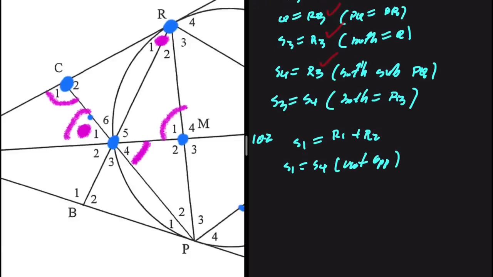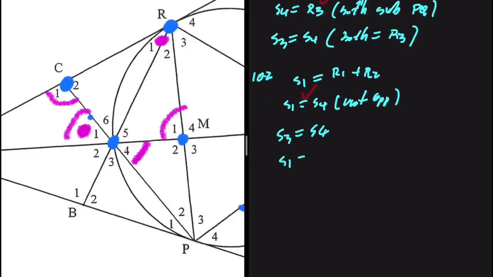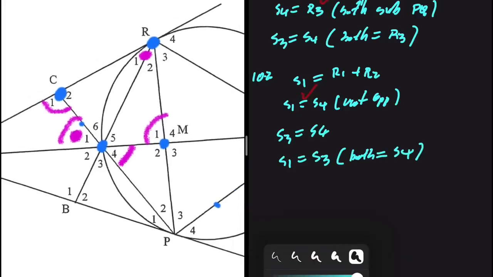And then let's not forget, in the question above, we said that S3 is equal to S4. And now we are saying that S1 is equal to S4. So what does that mean? It means that S1 is equal to S3 as they are both equal to S4. Right, now we can see what is happening here.